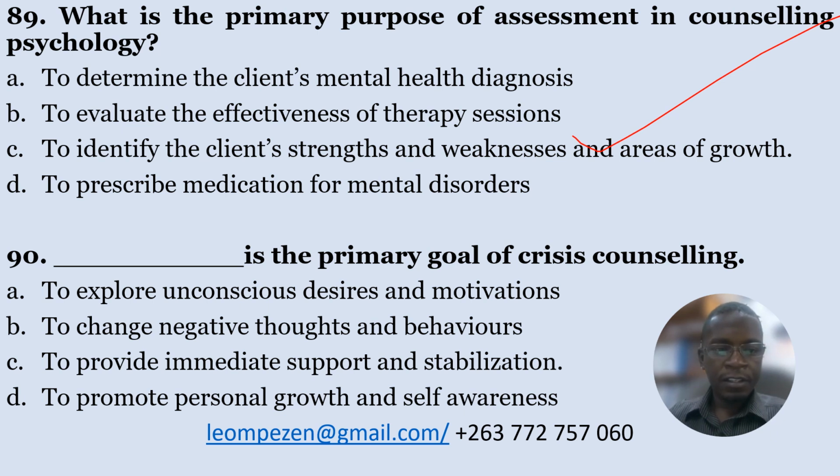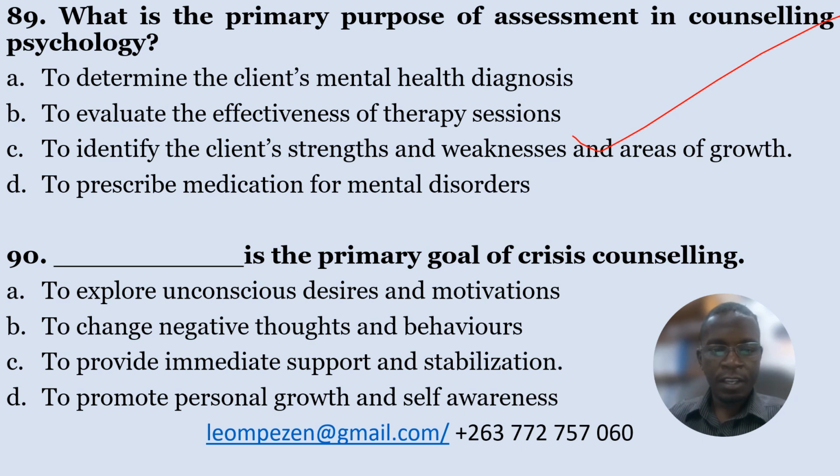Number 90, dash is the primary goal of crisis counseling. A, to explore unconscious desires and motivations; B, to change negative thoughts and behaviors; C, to provide immediate support and stabilization; D, to promote personal growth and awareness.